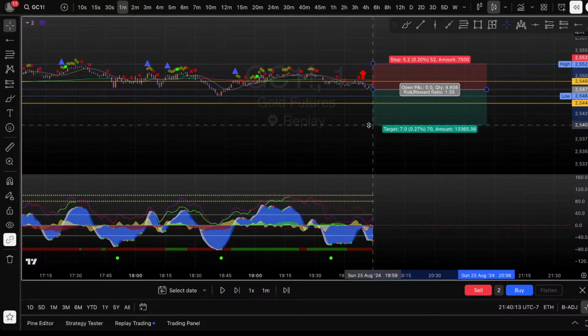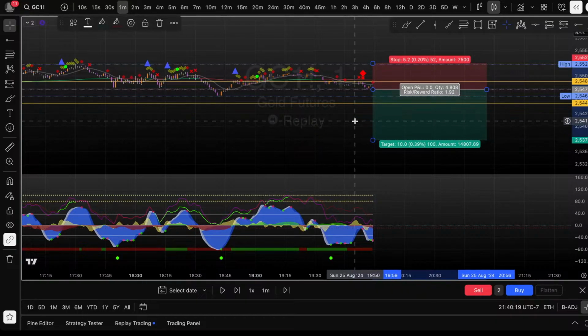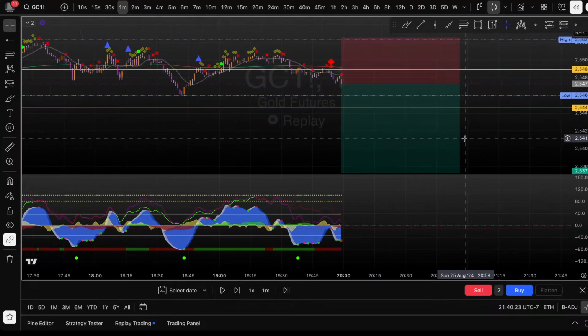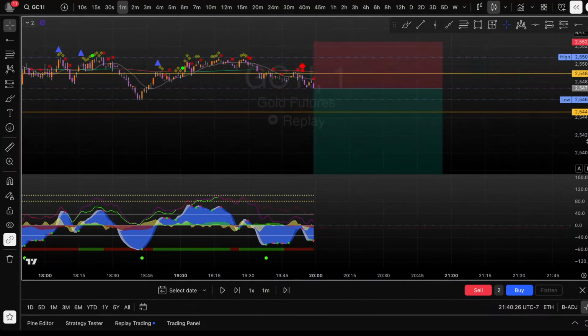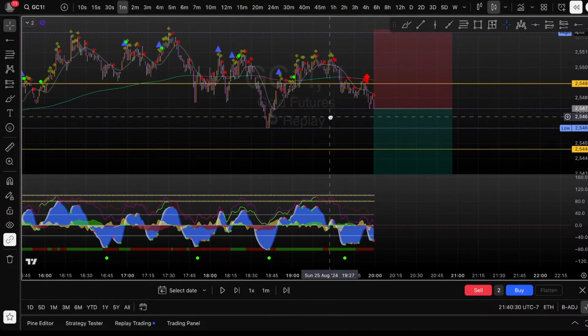I mean, if we get here, we need to seriously start thinking about taking profit right here off the table completely. But this is arbitrary. We're watching very closely.